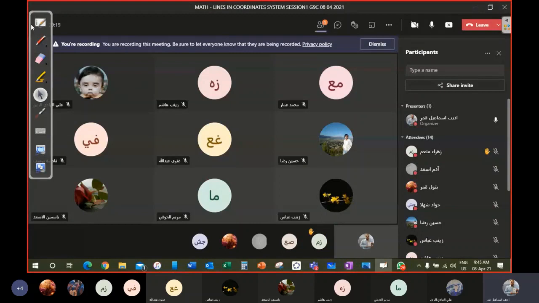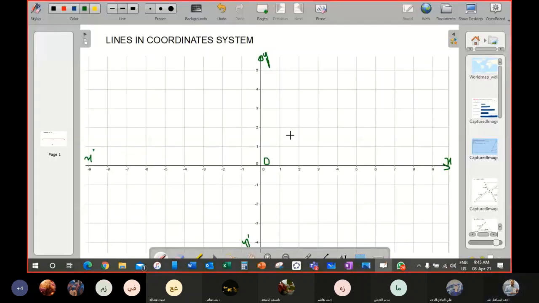Abscissa. Axis of abscissas. So x prime or x is the axis of abscissas. And y prime or y? Axis of ordinates. So y prime or y is the axis of ordinates.